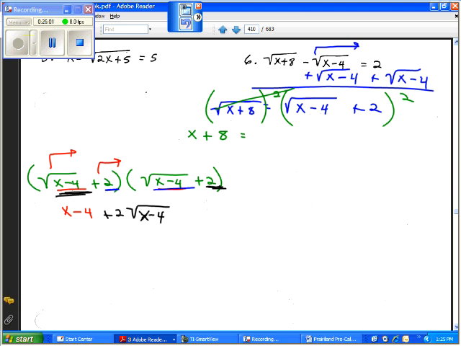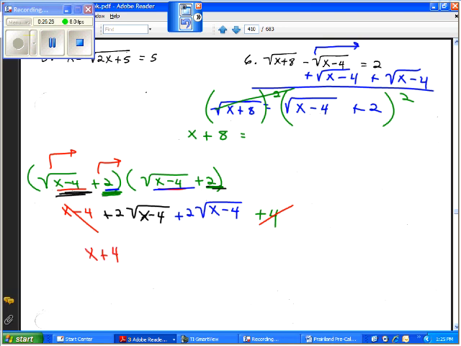And now we're going to multiply 2 times that, which is 2 more of those. And then we're going to multiply 2 times 2, which is a plain 4. Our minus 4 and our plus 4 cancel.